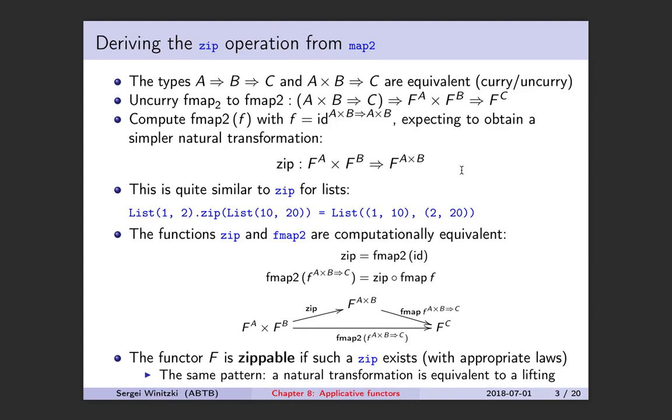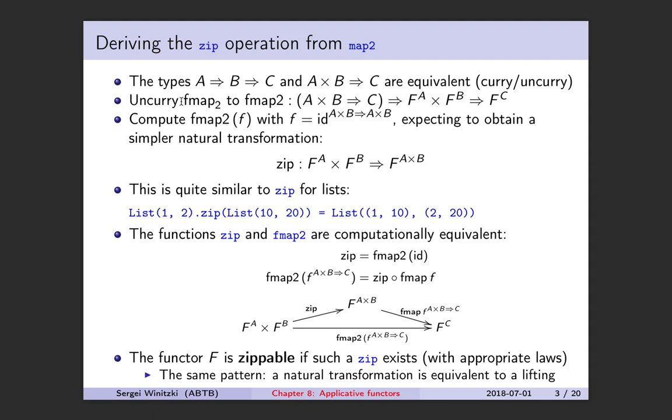So let's recall the zip operation that we have seen before, and let's see how that operation is related to map2. To find that out, let's think about these two types. They are equivalent. Their equivalence is given by the curry and uncurry methods in the Scala standard library, as we have seen.